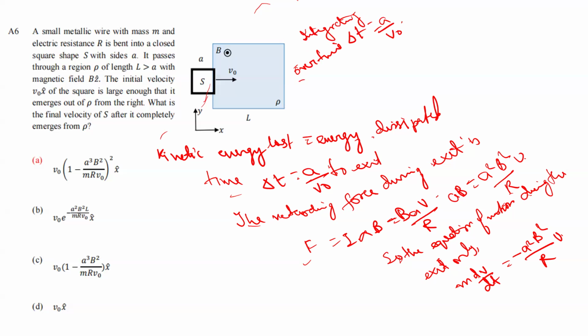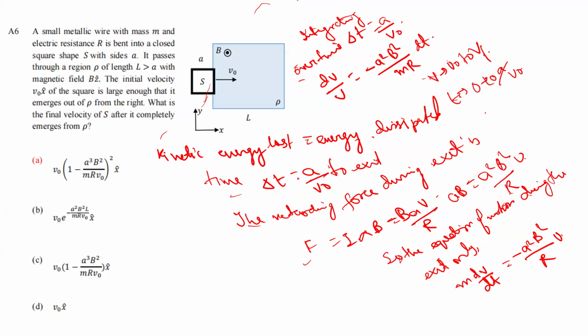So we have dv by v equal to minus A squared B squared by mR into dt. Right, integrate v from v0 to vf and t from 0 to A by v0.